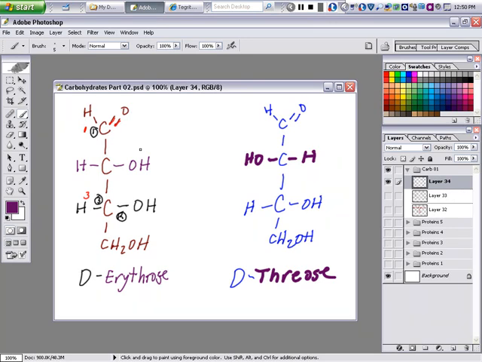So why is it like that? Her question is, on erythrose you have the OH on the right side, and on threose the OH is on the left side. They look like the same molecule. You could just switch the OH and the H around, and it should be the same molecule.